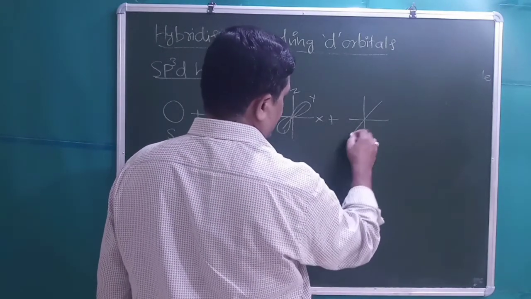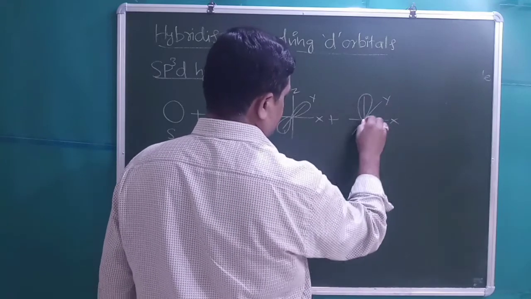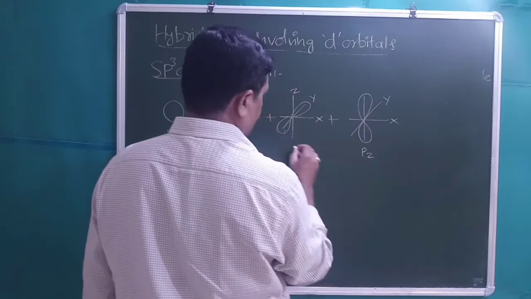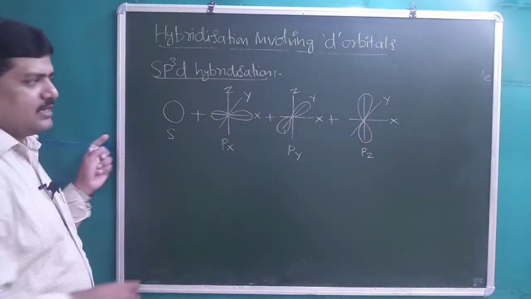Total 3 p orbitals are involved in the hybridization. This is pz orbital, py orbital, px orbital.